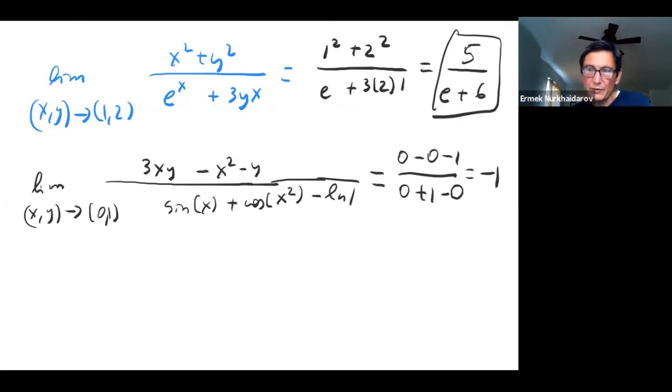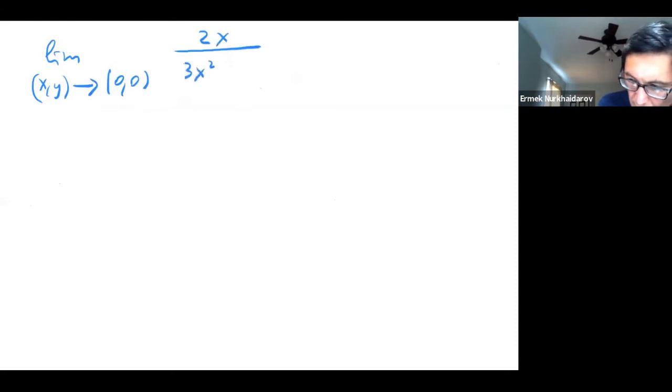Now let's do a few examples where we might deal with difficulties, and we'll see how we can try to approach them. Limit as (x, y) approaching (0, 0) of 2x over 3x squared plus 2y.